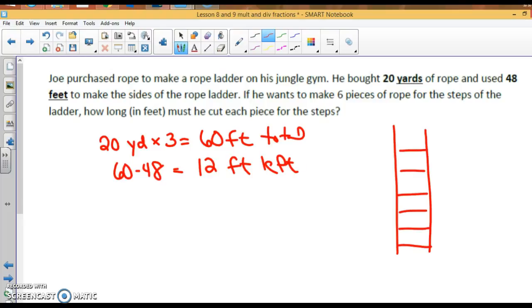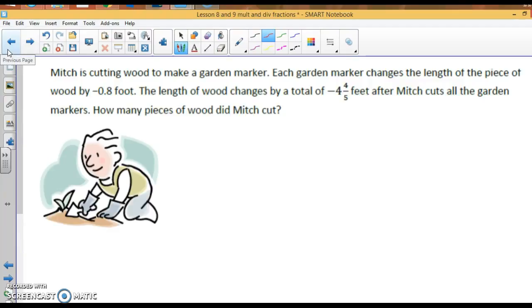Now, mind you, we have to cut that into 6 equal sections. So 12 divided by 6 gives us 2 feet per rung. All right, lots going on there. You got to pay attention to what the units are and what it's asking.